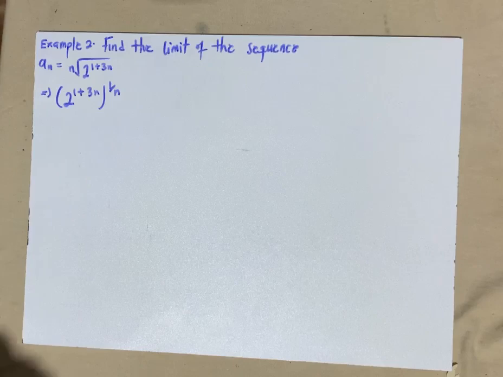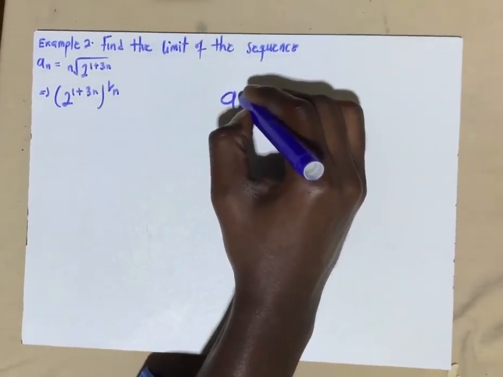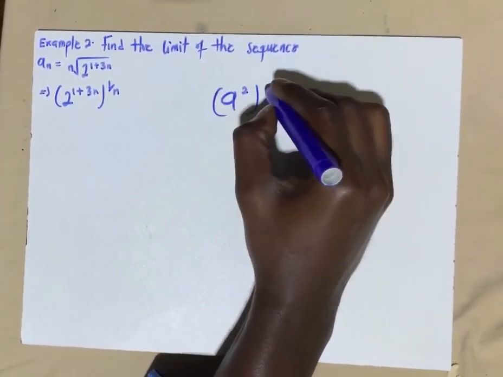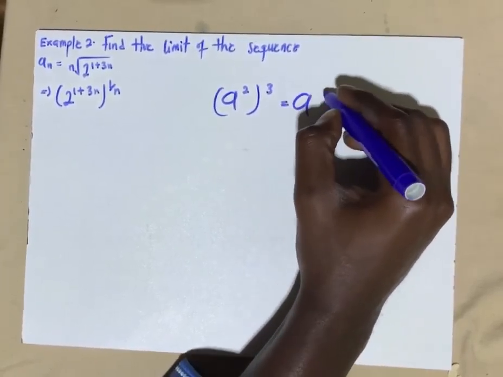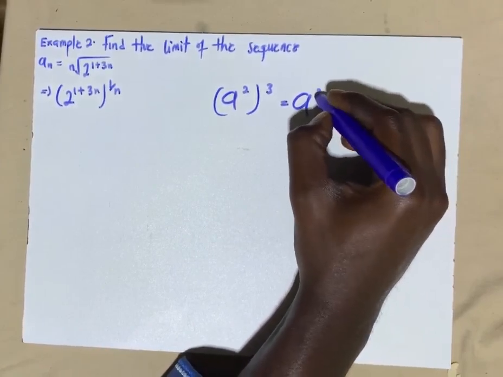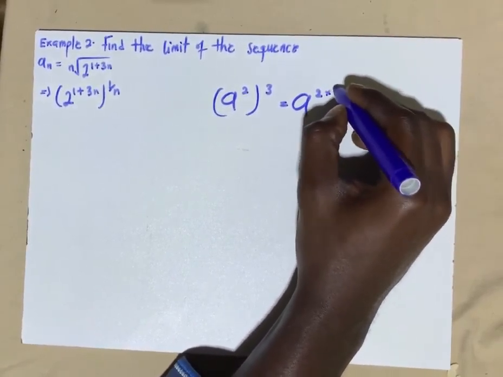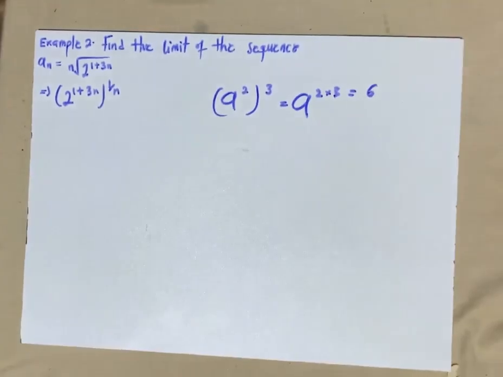Remember, when you have an exponent 2 multiplying 3, what do you do? You maintain your base and multiply the exponents. So you get 2 times 3, which is equal to 6. The same thing is going to happen over here.